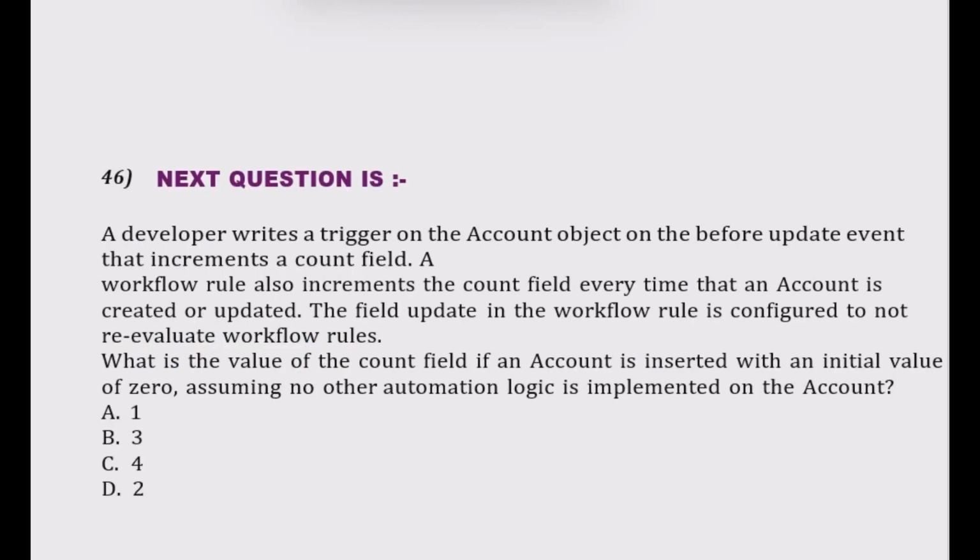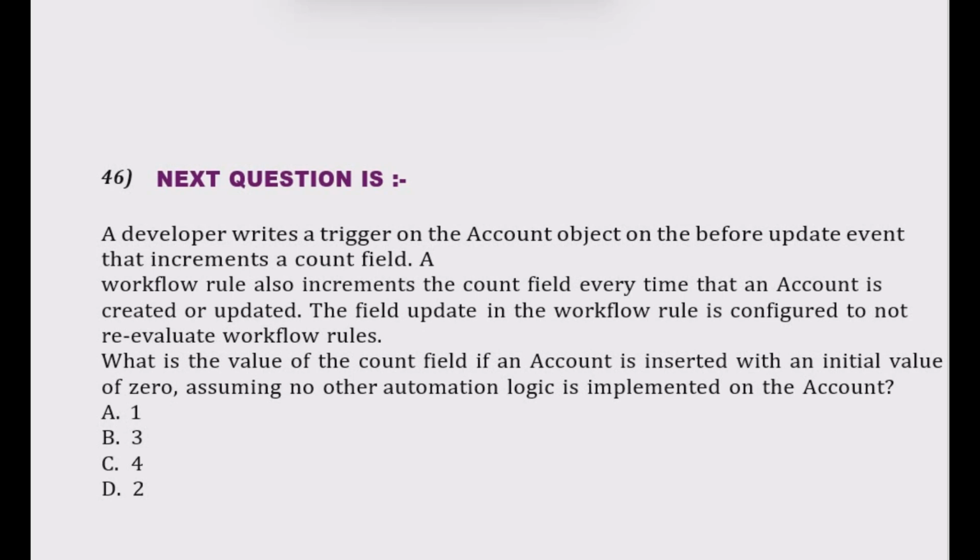Question is, a developer writes a trigger on the account object on the before update event that increments an account count field. A workflow rule also increments the count field every time that an account is created or updated. The field update in the workflow rule is configured to not re-evaluate workflow rules.